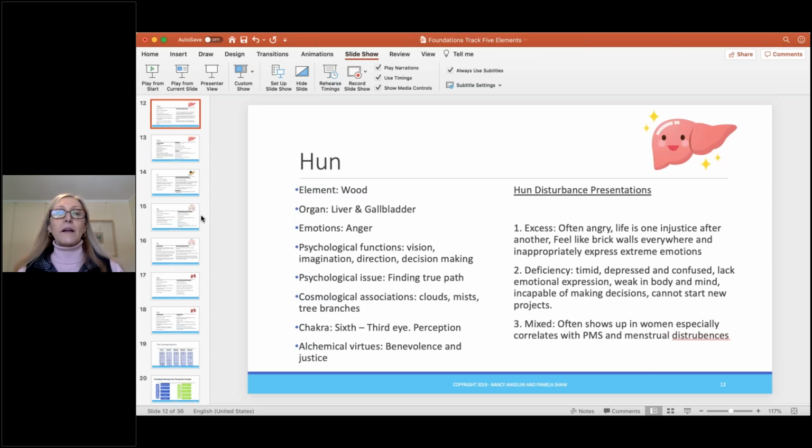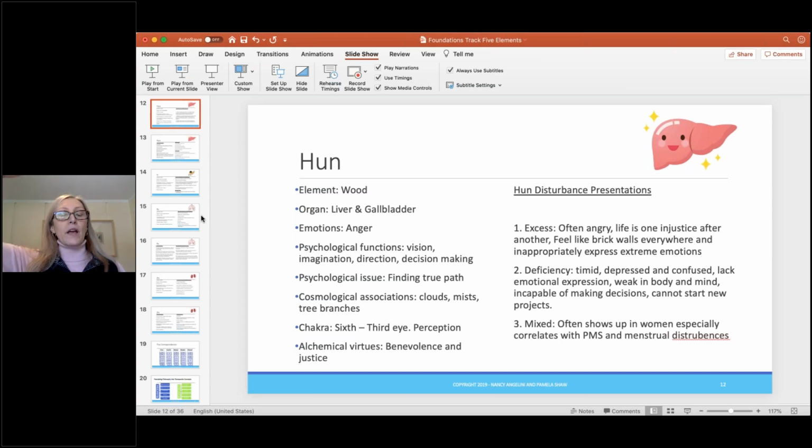So they recommended that athletes who were about ready to perform not make any decisions at all. Like never, because it takes so much energy to make a clear decision, right? I think all of us experience that, but those who literally can't make a decision at all, something's aberrating the Hun. The cosmological association, of course, is cloud, mist, tree branches.